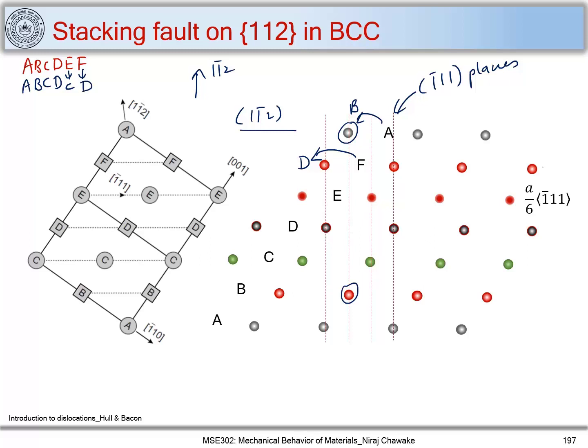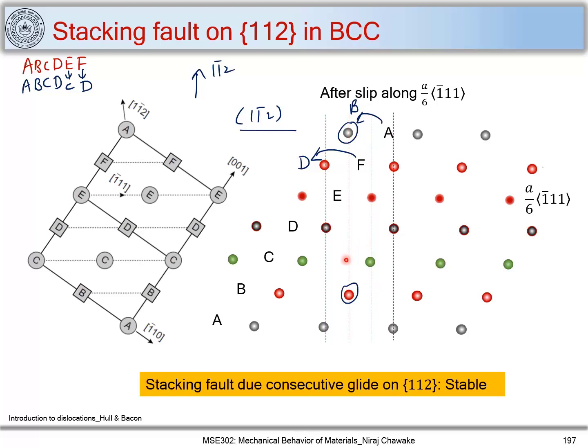So we have a stacking fault which has been created over here. So you can see there is a stacking fault here, and thus unlike when we moved only one atomic layer, this stacking fault will be stable. So after slip, this will be the positions of atoms, and this stacking remains stable.